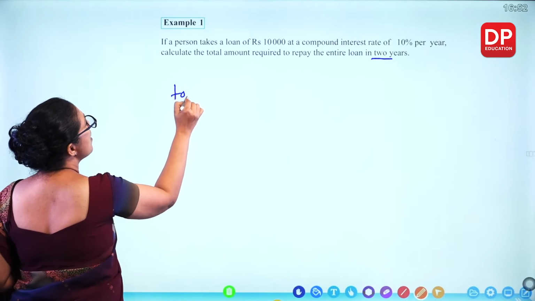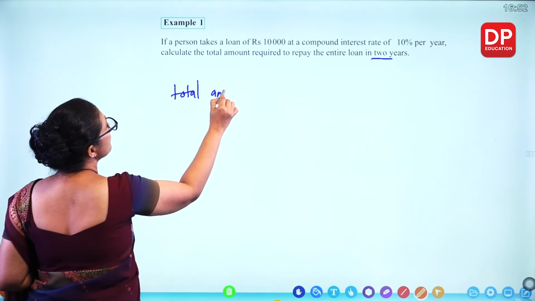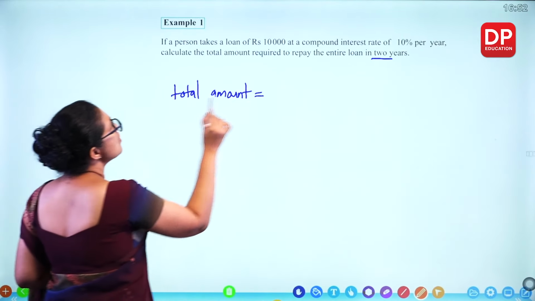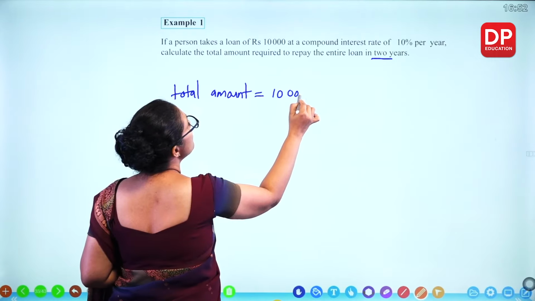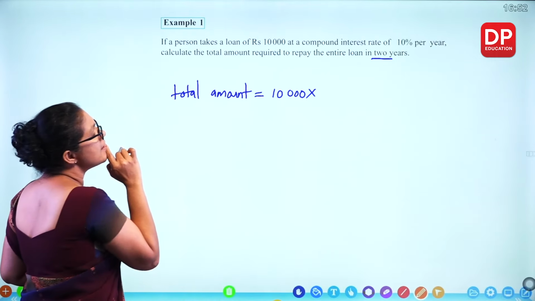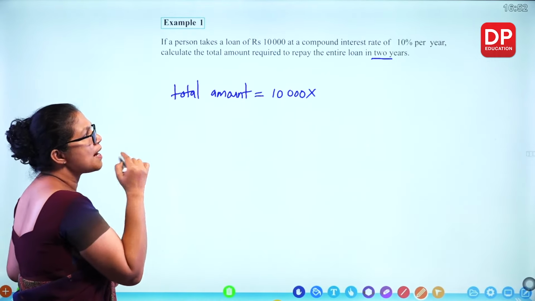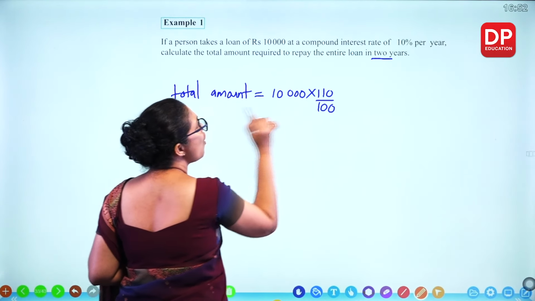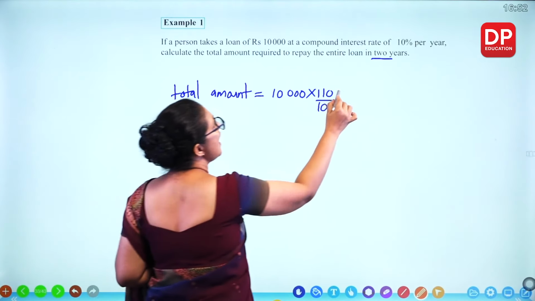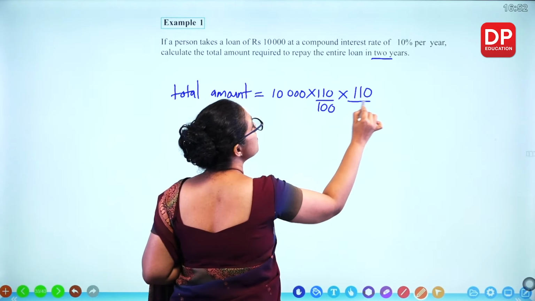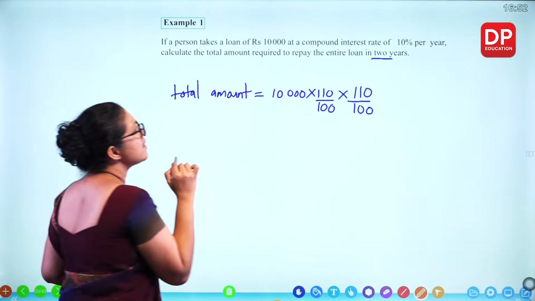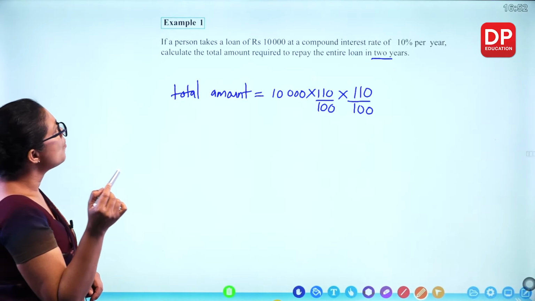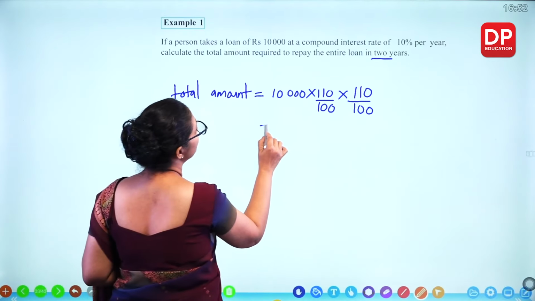The total amount: initial value is 10,000 rupees. The compound interest is 10%. So 110 over 100. This is for first year, and again you have to multiply by this to get the value after second year. Now we can simplify.